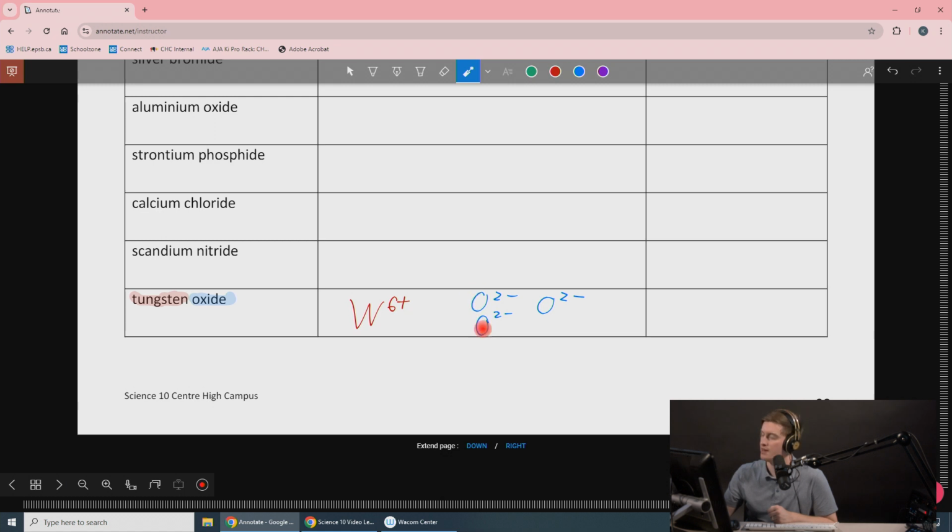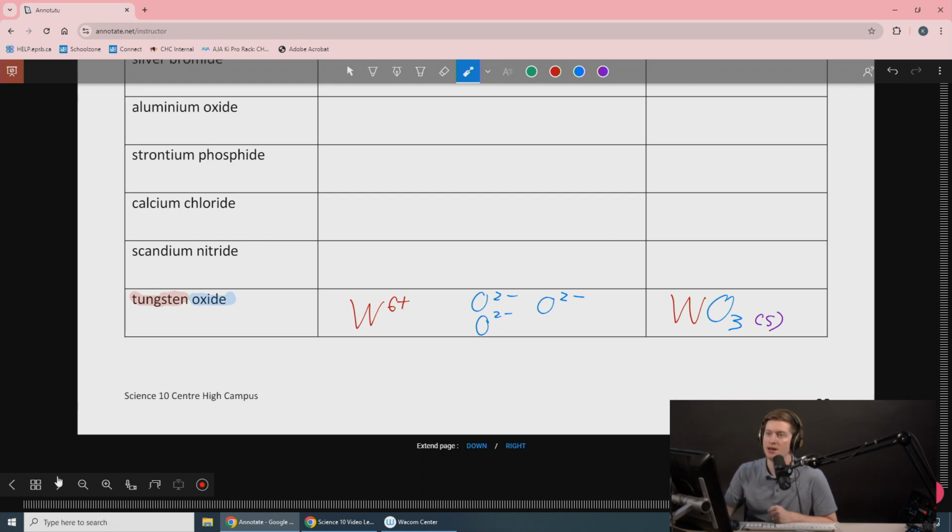Each oxide brings 2 negative charges, and each tungsten brings 6 positive charges. So when we write our balanced ionic compound, we only need 1 tungsten and 3 oxides in order to get a net 0 charge. And I'm just going to put this little S after here to show that tungsten oxide would be a solid because it's an ionic compound.